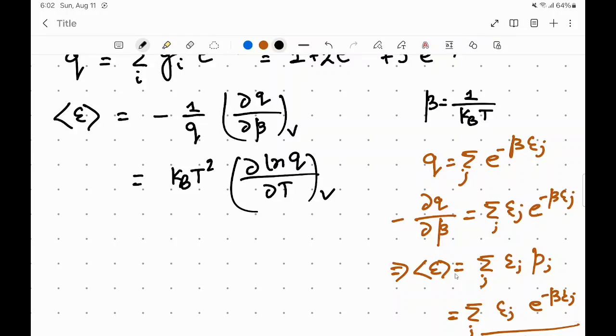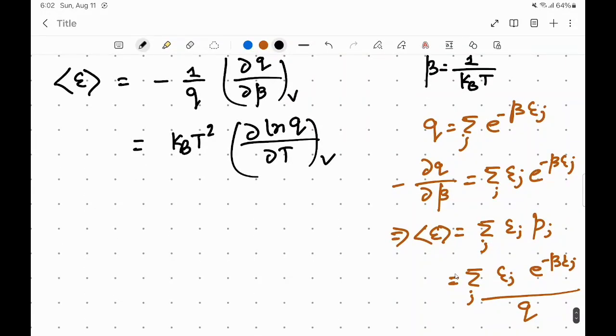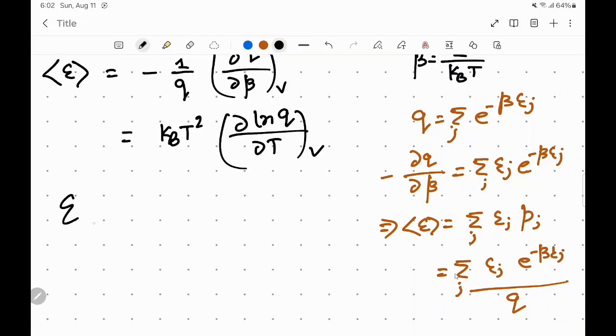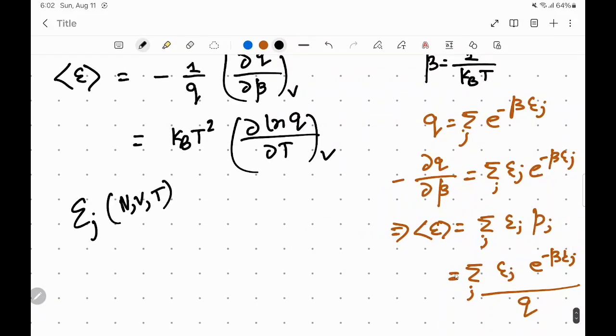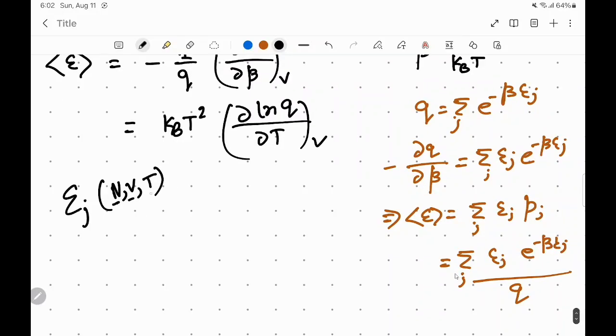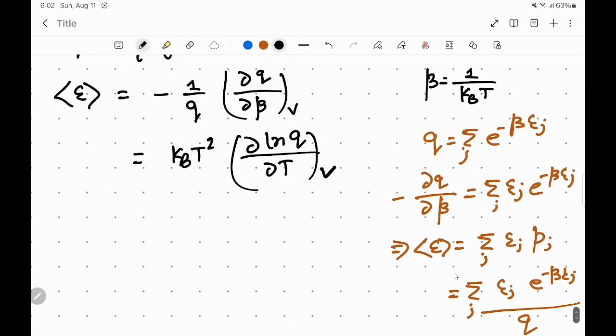Till now no volume was there, so how has the volume come? Actually, these energy levels are a function of N, V for the canonical ensemble. N is constant, V is constant, only T is changing. That's why you have to give V here.